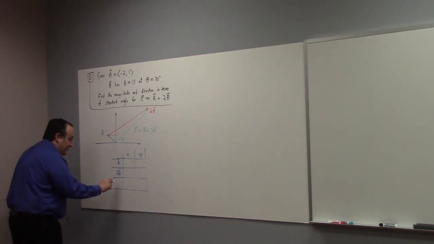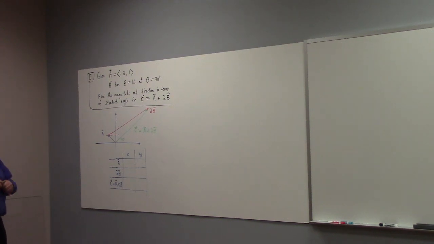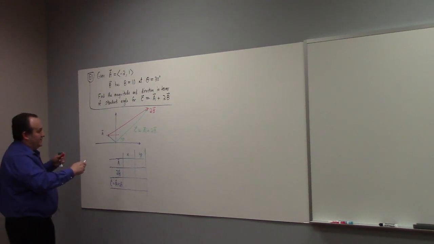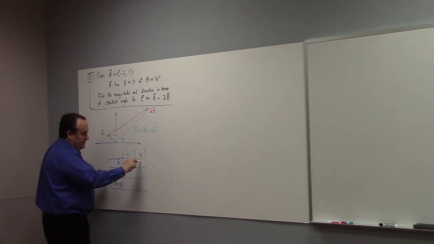Down here we'll have our C, which is A plus 2B. Now, this table is really easy to fill out for the row that's A, because I gave you A in its Cartesian form already. So we can just simply write down A sub x is minus 2, A sub y is 1.